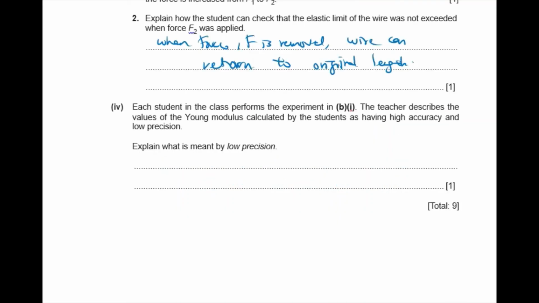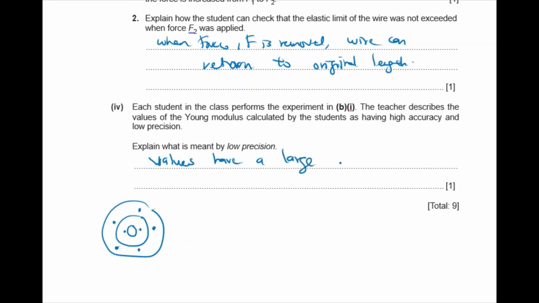Before each student in the class performed the experiment in B1, the teacher described the value of the Young modulus calculated by the students as having high accuracy and low precision. Explain what is meant by low precision. So if we draw the target, low precision shows that the values have a large range, something like this. So we can say that the values have a large range.